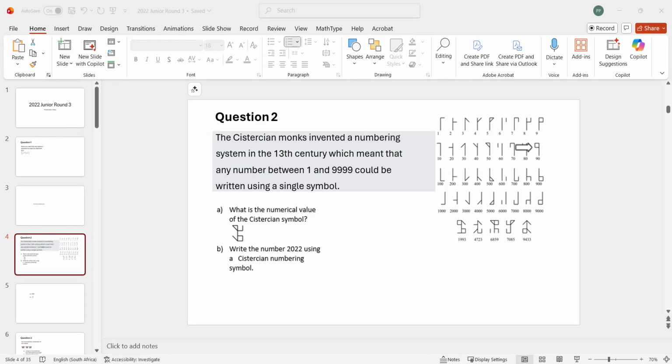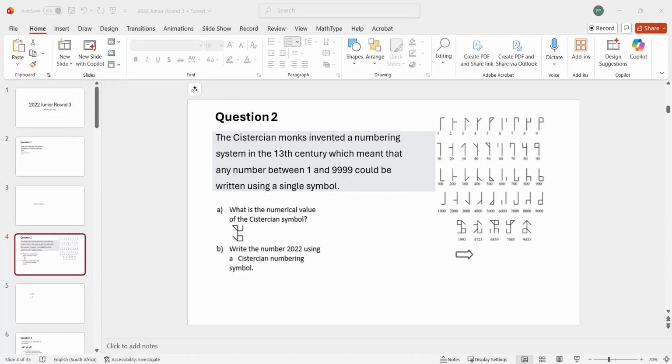And the same thing with all this. And then the thousands are just the reflections of these, the bottom, along the vertical. Okay, so that's quite an interesting thing.